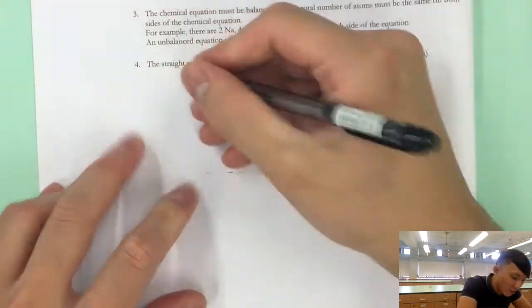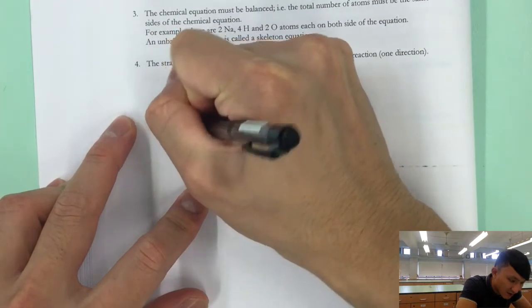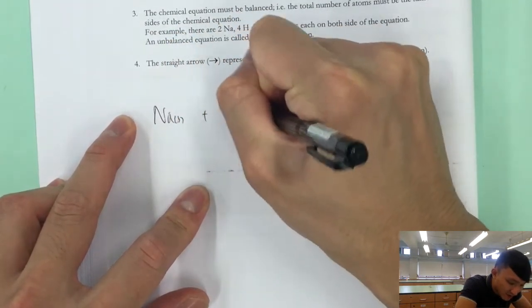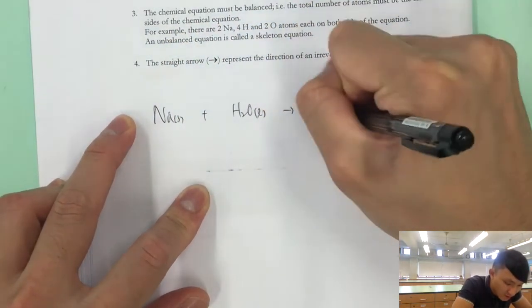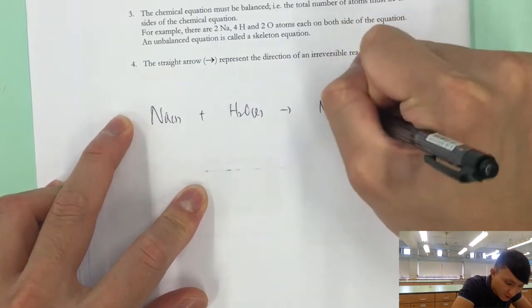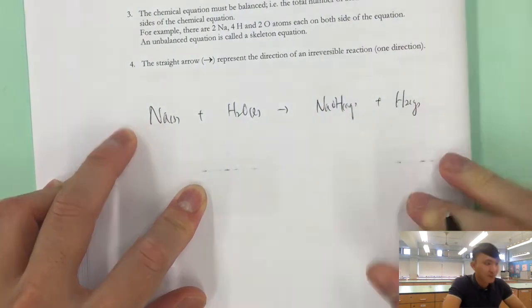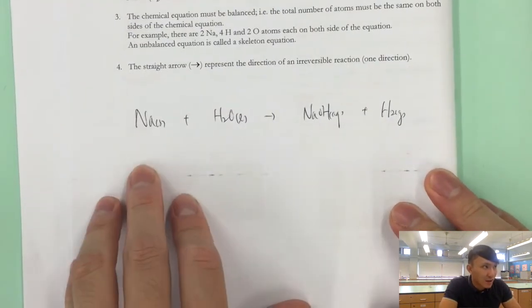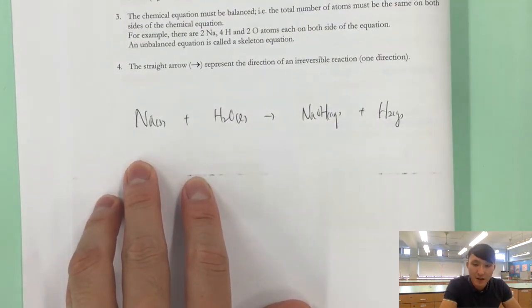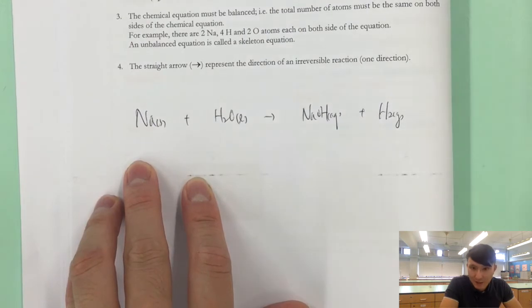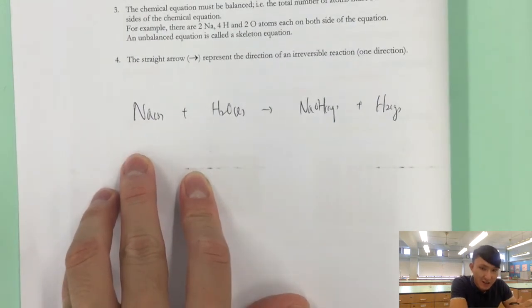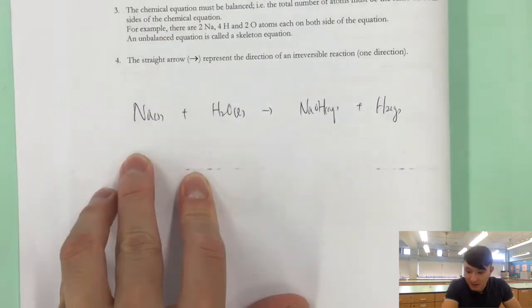I do it at the bottom here. So let's just say I copy the equation down here. Okay? Now, let's just find out all the atoms on the reactant side and all the atoms on the product side.